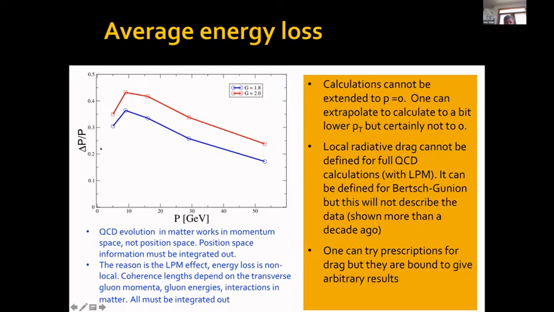So the LPM effect, as I said, depends on everything, on the energy of the emitted gluon and then on the transverse momenta. But the energy of the emitted gluon and the transverse momenta also depend on the energy of the parton, right? So we do impose the finite kinematics, those cannot go to infinity.